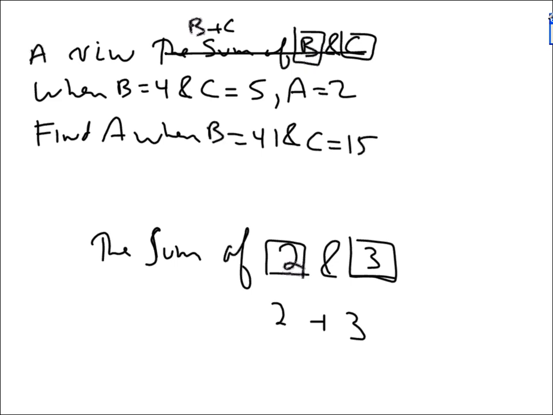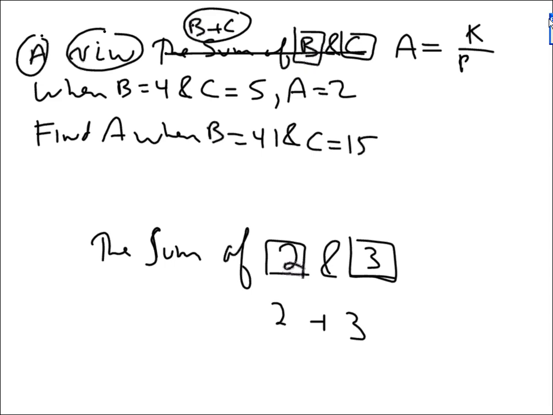So reading from left to right, it says A varies inversely with, that means this, B plus C. That goes in the bottom. Okay, so that's the result of the first statement. Second statement tells me when B is 4 and C is 5, A is 2.